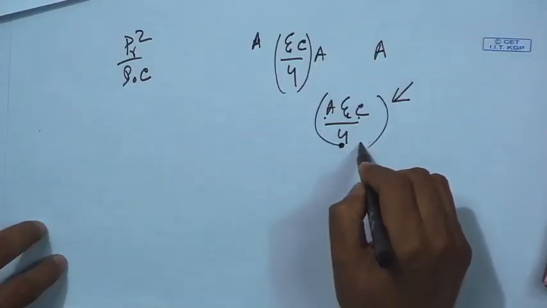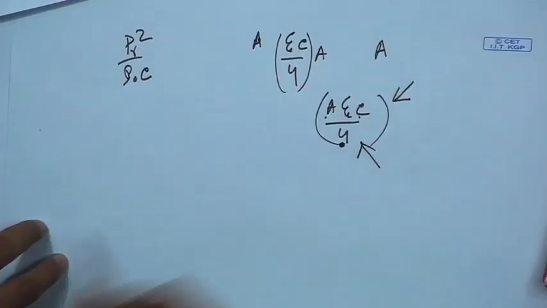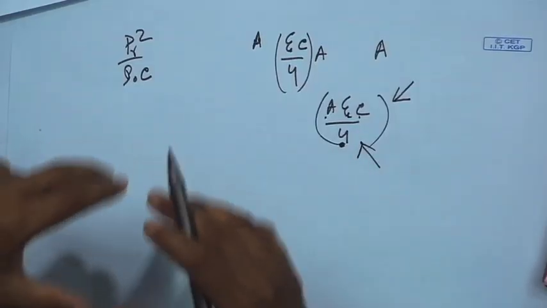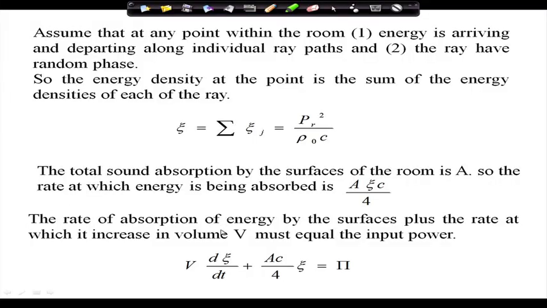Now, the energy which is absorbed plus the rate at which the energy is developed in this room is equal to the total energy. So I can say the rate of absorption of energy by the surface, plus the rate at which the energy increases in the volume, must be equal to the input power.